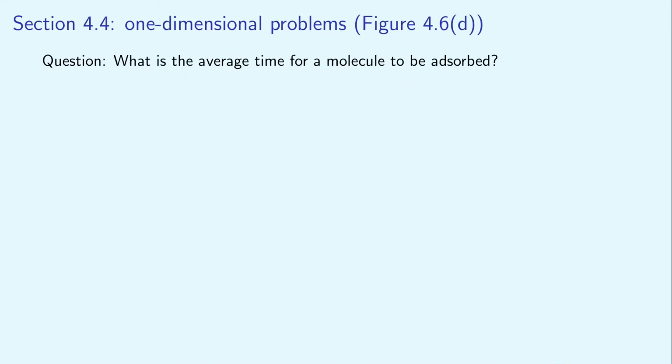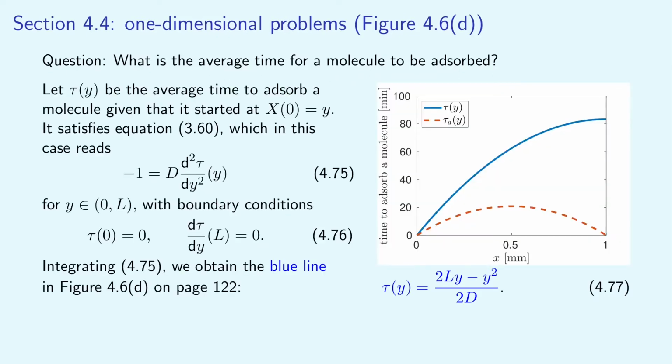Our next question in this section is: what is the average time for a molecule to be adsorbed? To answer this question, we can apply our result from chapter 3. Let tau y be the average time to adsorb a molecule given that it started at position y at time 0. It satisfies equation 360, which in this case reads as follows.